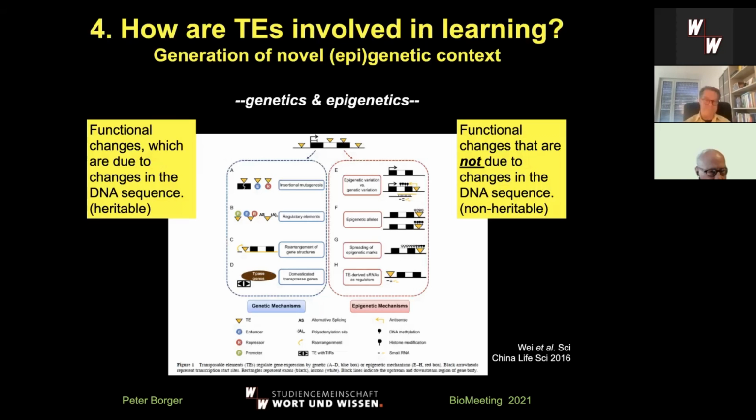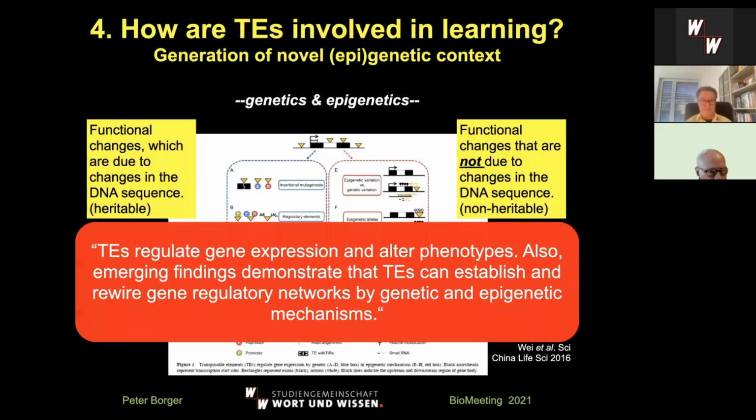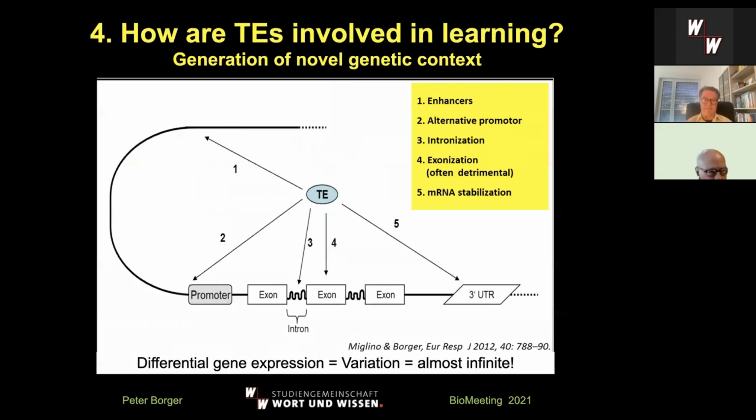And both, of course, are related to gene expression and differential gene expression. And we know differential gene expression is nothing else but variation. So TEs regulate gene expression and they alter phenotypes. Emergent findings demonstrate that TEs can establish and rewire gene regulatory networks and circuitry by genetic and epigenetic mechanisms.